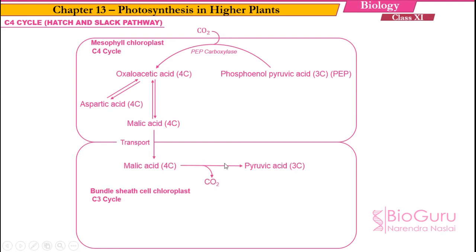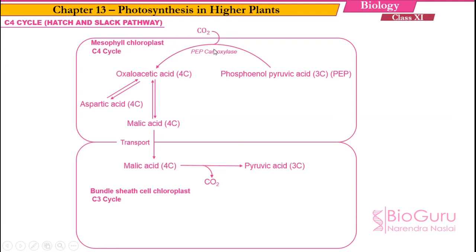So this step is decarboxylation. So malic acid, a 4-carbon compound, undergoes decarboxylation in the bundle sheath cell chloroplast and gets converted into a 3-carbon compound, that is pyruvic acid. So the carbon dioxide is released in the bundle sheath cell.